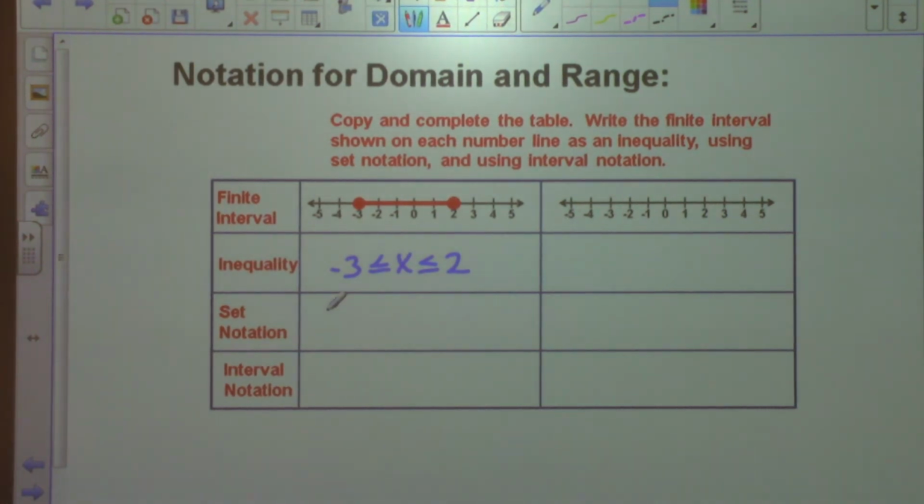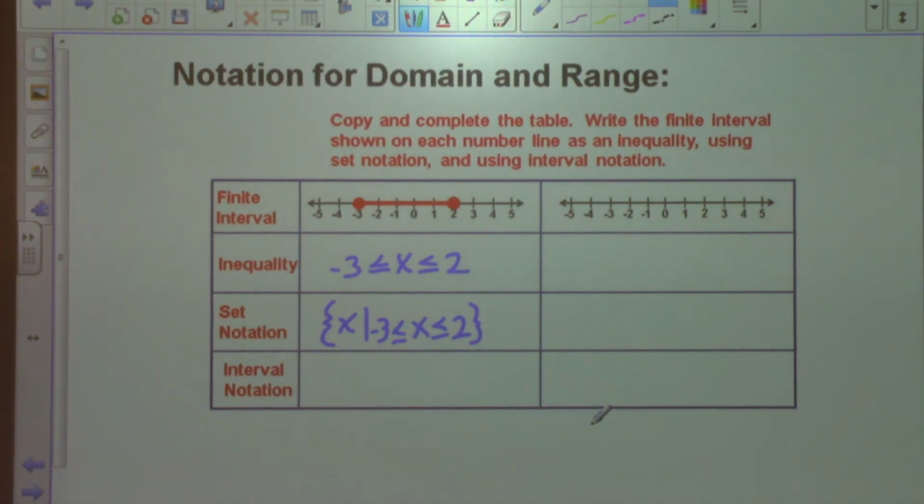Next, set notation. Set notation can be very similar to interval notation. You have x such that x is greater than or equal to -3, but less than or equal to 2, and then you close the bracket like this.